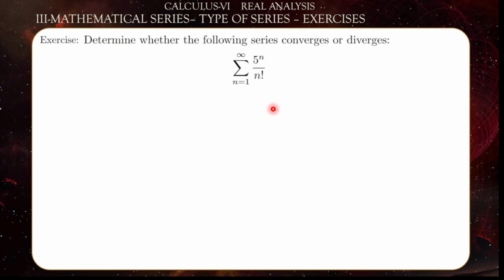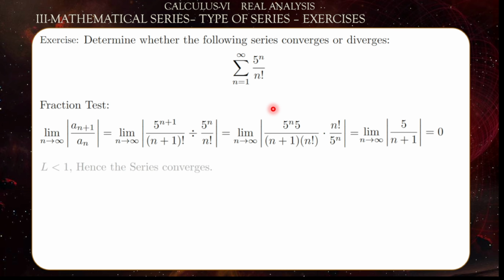Okay, so let's use the ratio test, which is given by the limit of the absolute value of an plus 1 divided by an as n approaches infinity, which is equal to the limit as n approaches infinity of 5 to the power of n plus 1 divided by n plus 1 factorial, divided by 5 to the power of n divided by n factorial.